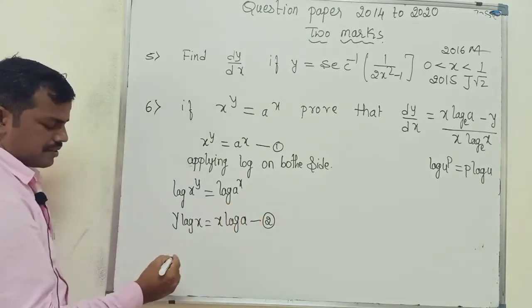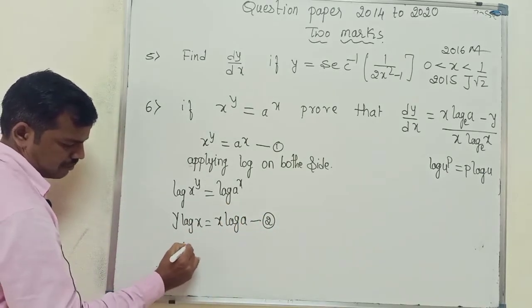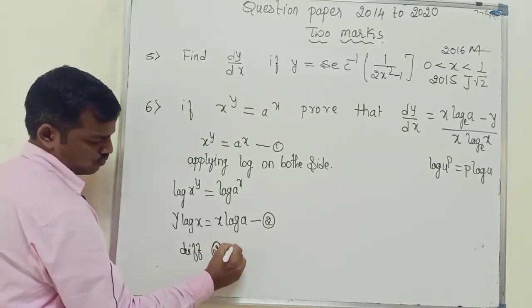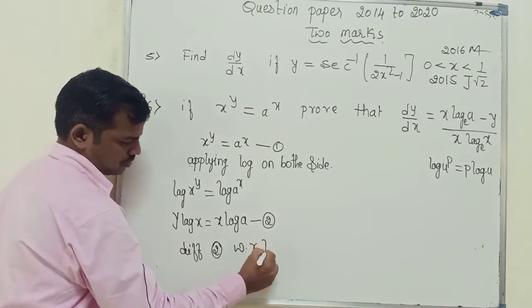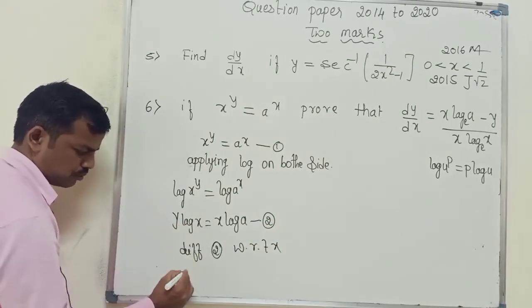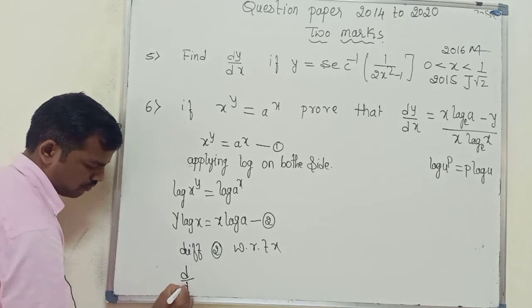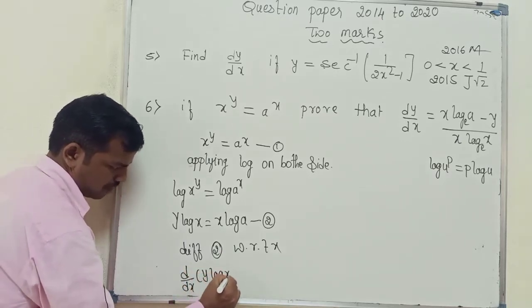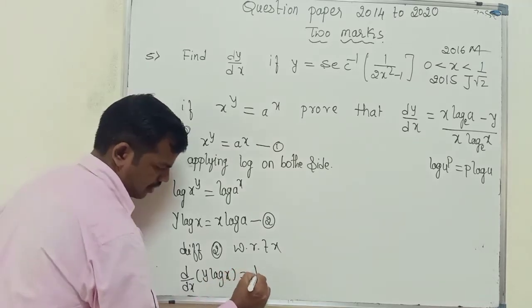So now we differentiate. Differentiate 2 with respect to x. Derivative, use the product rule: derivative of y into log x, product rule apply, into derivative of log a.